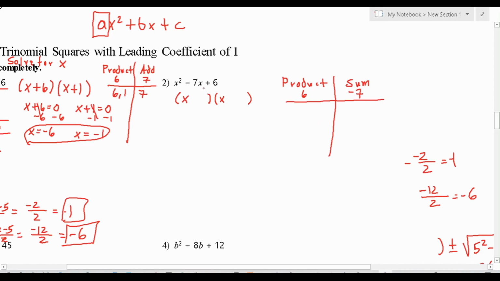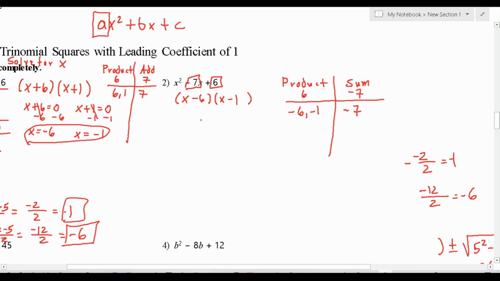Again, we're looking for two factors that have a product of 6 and a sum of negative 7. Okay, so let's think about what we're going to do there. Well, I know negative 6 times negative 1 equals positive 6. Again, negative times a negative is a positive. And in addition, I know negative 6 plus negative 1 does equal negative 7. So these are going to be the two integers I'm going to use. That is negative 6 and negative 1.